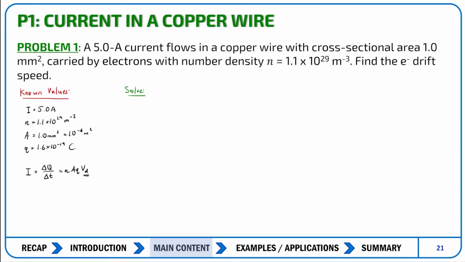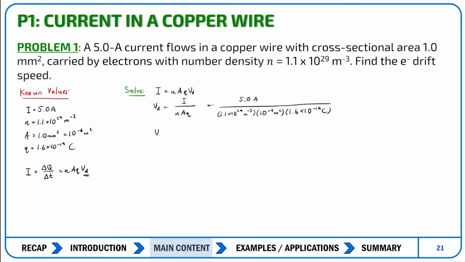We have I equals n A q v_d. We want to solve for v_d, so it's going to be I over n A q. This is then going to be 5.0 amps over n, which is 1.1 times 10 to the 29 meters to the negative 3, times the area, 10 to the negative 6 meters squared, and then 1.6 times 10 to the negative 19 coulombs.